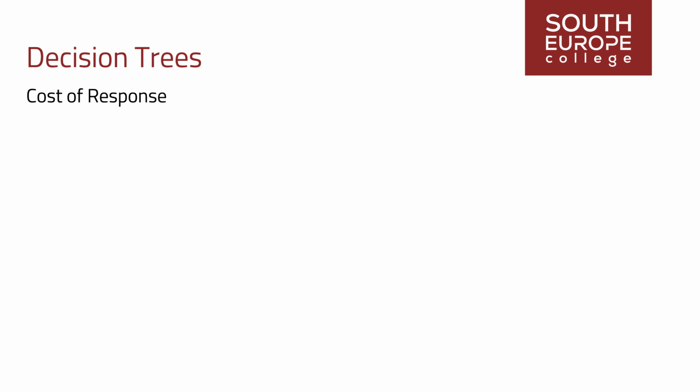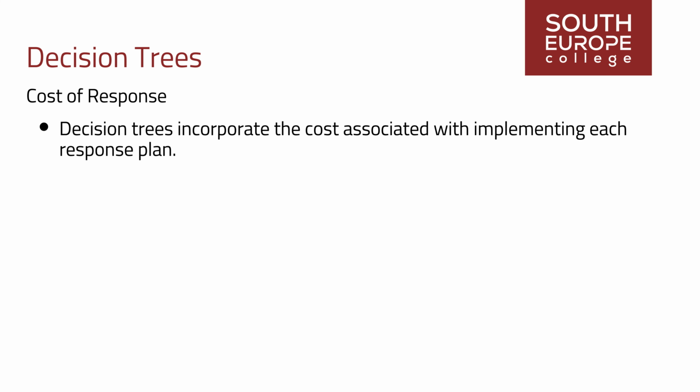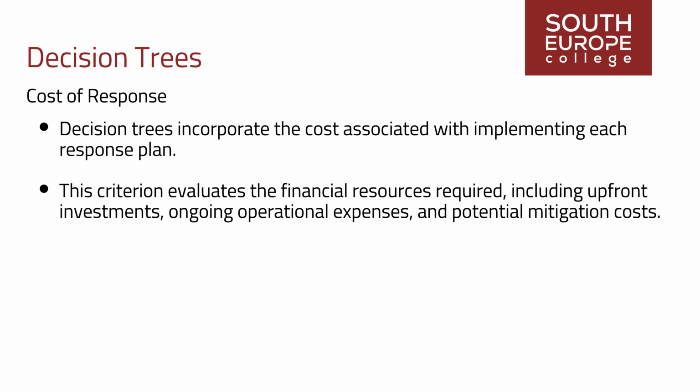Cost of response. Decision trees incorporate the cost associated with implementing each response plan. This criterion evaluates the financial resources required to execute the selected strategies, including upfront investments, ongoing operational expenses, and potential mitigation costs. Response plans with lower implementation costs are preferred, provided they effectively mitigate the risk.